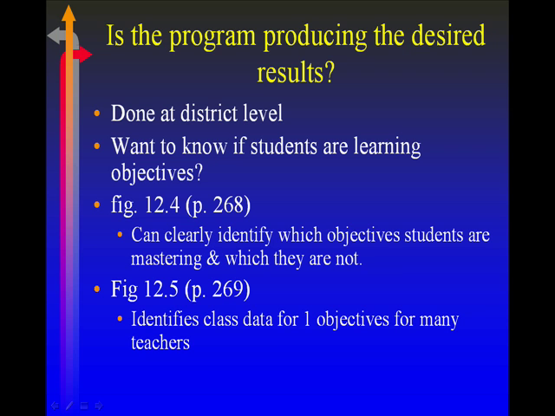With this report, we can clearly identify which objectives students are mastering and which ones they're not. On the chart, the highlighted boxes are the mastery targets that students should reach. The target for this district is that greater than 90% of the students have shown to master the particular target objectives at the end of the appropriate grade range.